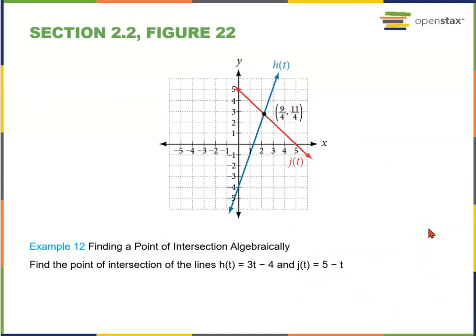Next one, example 12. Finding a point of intersection algebraically. So whenever you have two lines, when they intersect, we call that the point of intersection.